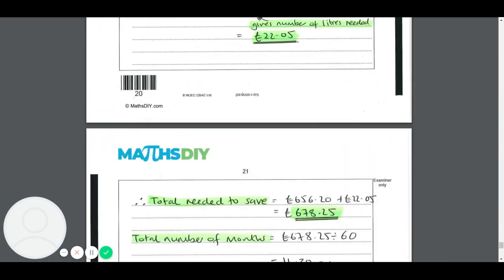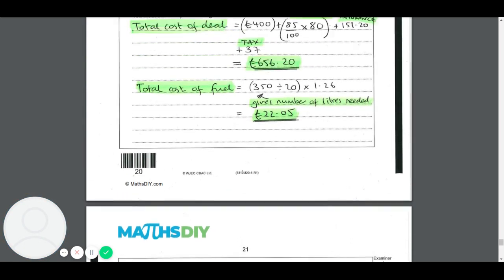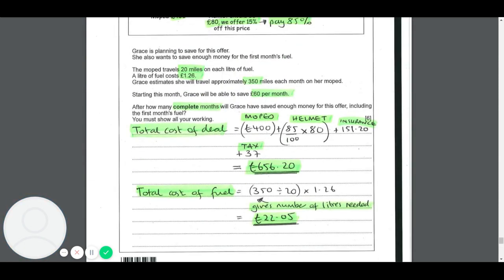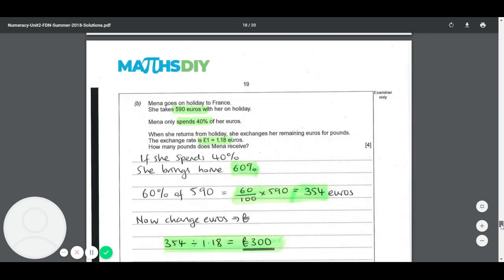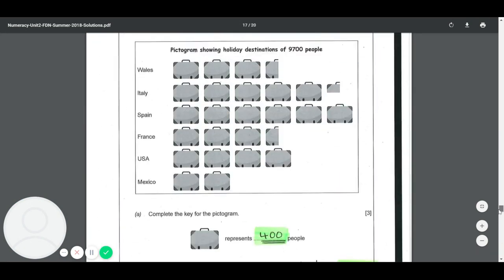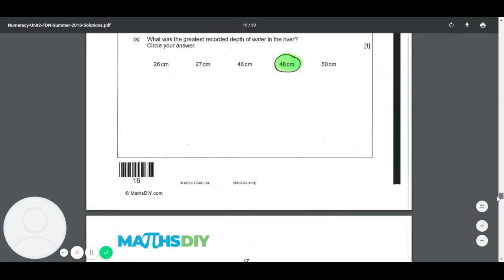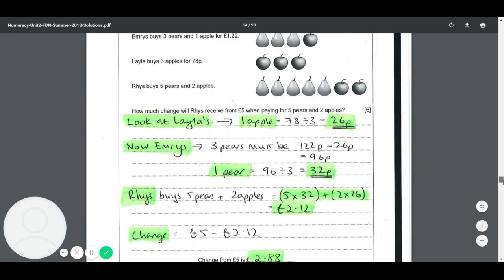Yeah, the question's pretty tricky, but if you look over it in your own time and think about where all the numbers come from. And I think this paper was all right. I think that a lot of it was just real world understandable things.